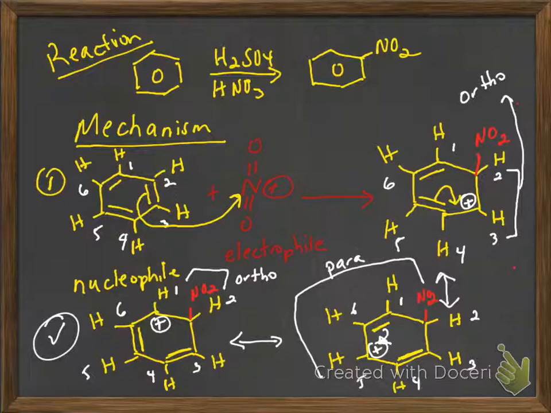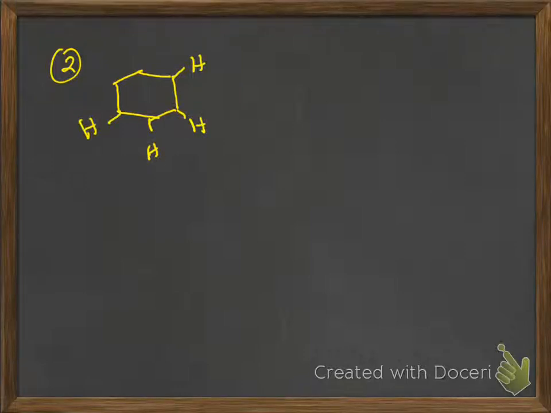And let me change my pen back to yellow. So in step 2, we're basically going to take that one that I've just shown over here. But again, you can use any resonance structure to finish up the mechanism, because all of them will give you the same final product.